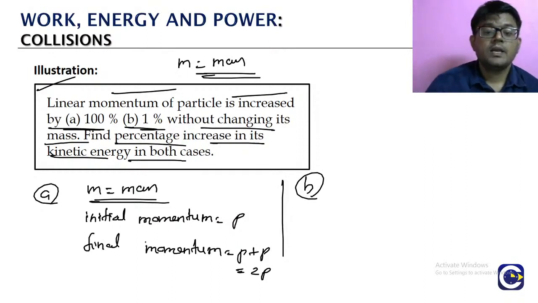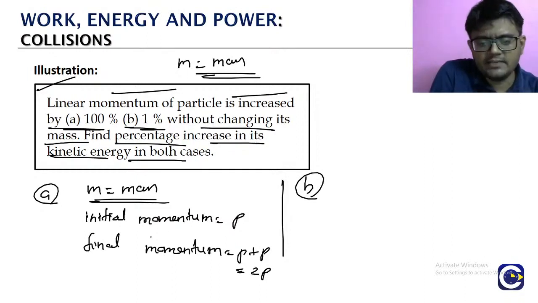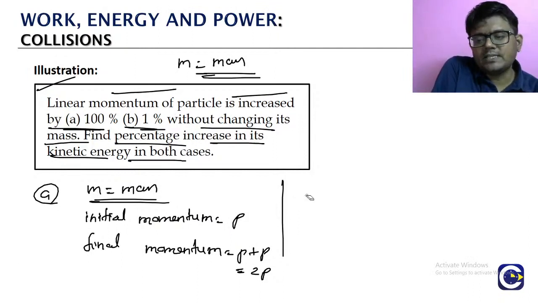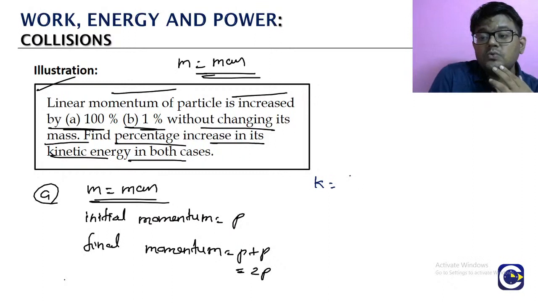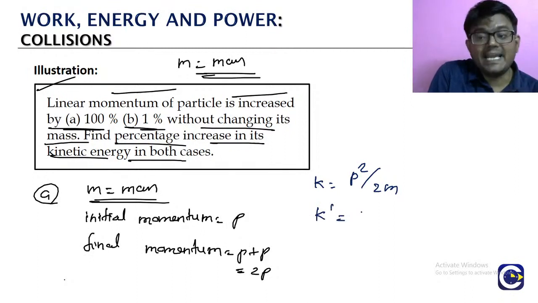Okay. Now first we'll solve the case A, then we'll go to the case B. Okay. Initial kinetic energy is what? We have the relation. The kinetic energy, let us call it as K. What is the K value? P square by 2m. That is the initial. Final kinetic energy, K dash, will be what?